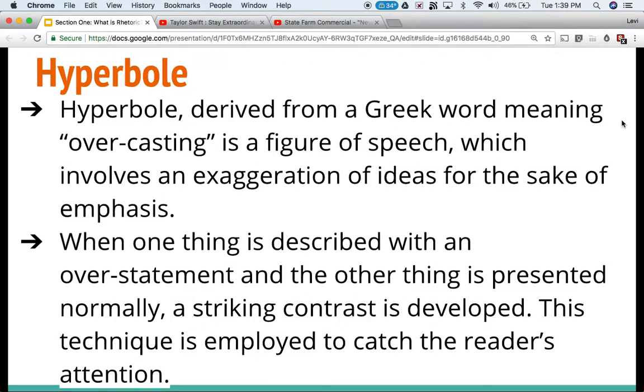Next one is hyperbole. Hyperbole is an extreme exaggeration to emphasize that exaggeration. So, for example, if you're hungry and you say to your friend, oh my God, I could eat a horse right now. Could you really eat a horse? The idea that you're trying to get across is that I am hungry.